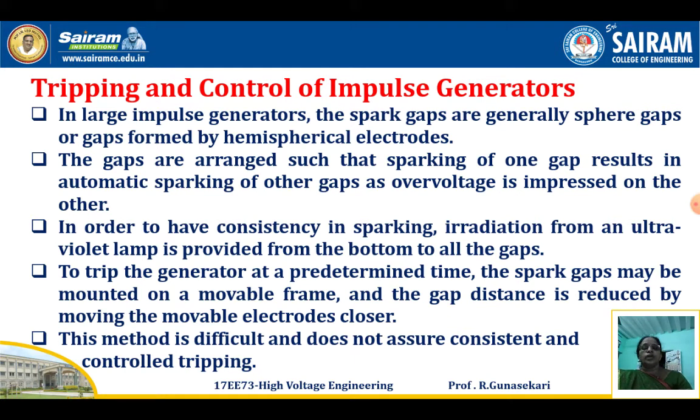Because there are two electrodes, one electrode is fixed and the other one is movable, and the shape of the electrode is hemispherical. But this method of tripping and control of impulse generator is very difficult and does not assure consistent and controlled tripping.